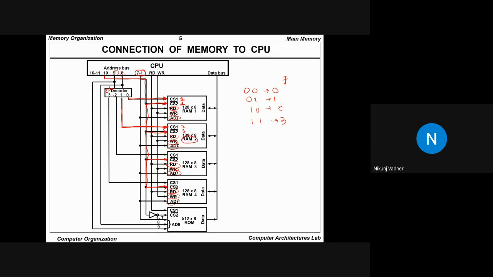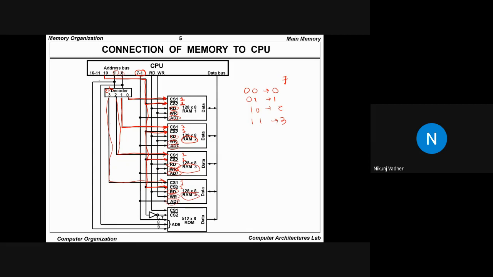If we give 1 0, we get output from 2, and both will be 1, so RAM 3 will be selected. If we give 1 1 as bit numbers 8 and 9, this will be 1 and this will be 1, so RAM 4 will be selected.